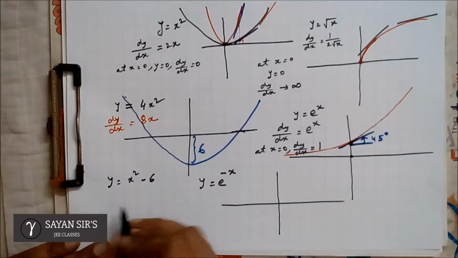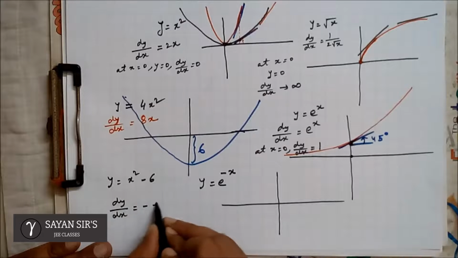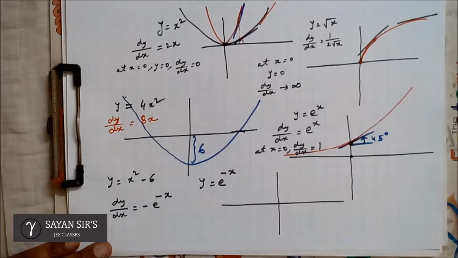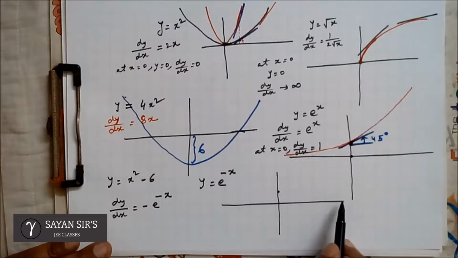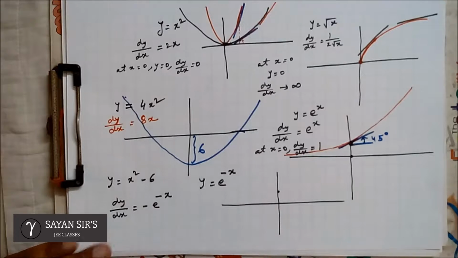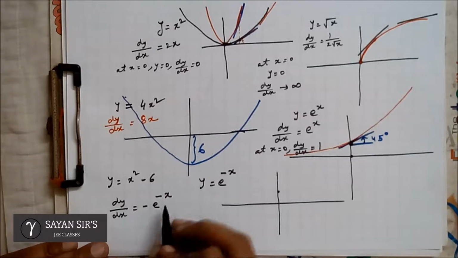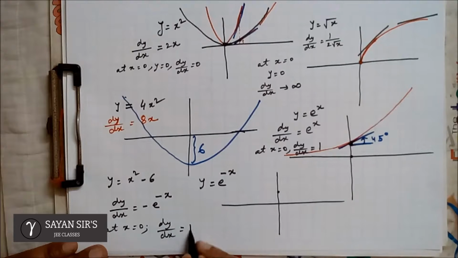In the same way, dy over dx will be minus e to the power of minus x, and at x equals 0, y will again be equal to 1, but here as x approaches positive infinity, my y will approach 0, and as x approaches negative infinity, my y will approach positive infinity, and at x equals 0, my slope will be -1.